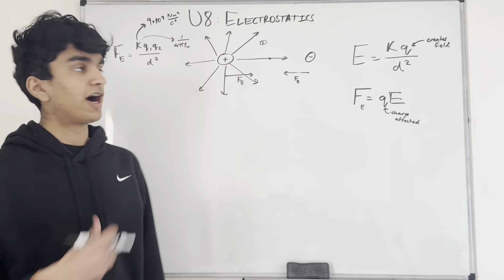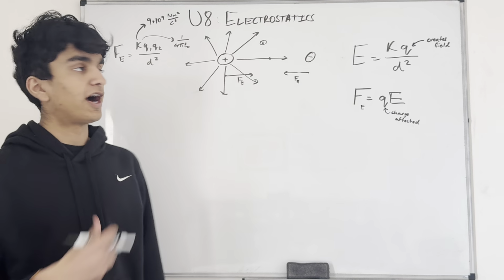But here's the deal. Objects that are charged are made up of many point charges. So if I have a rod, and let's say it has charge uniformly distributed, maybe it's a conductor, so the charge exists linearly.